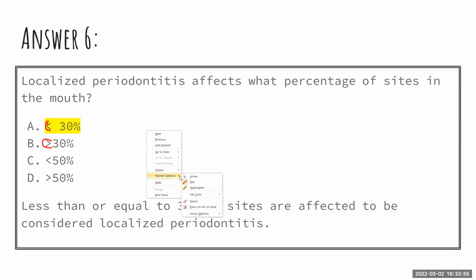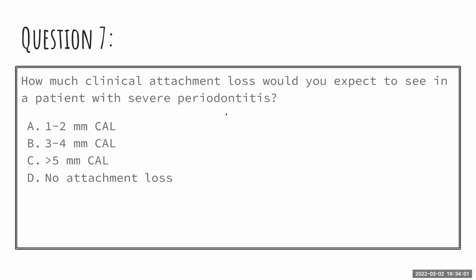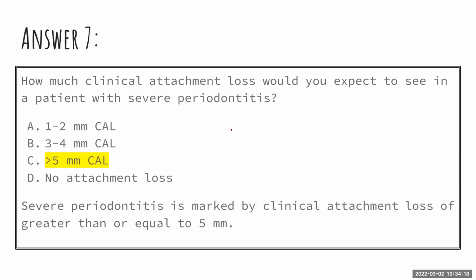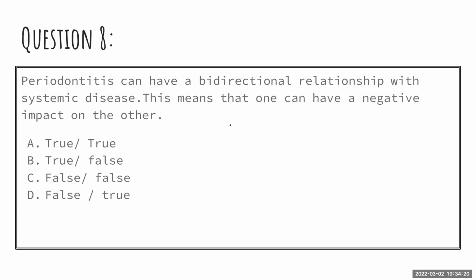Okay, all right. I just want to make sure, because it can be confusing if you don't know what those numbers mean. Then the answers mean nothing to you. How much clinical attachment loss would you expect to see in a patient with severe periodontitis? Severe and advanced are the same thing. More than 5. That was an easy one.